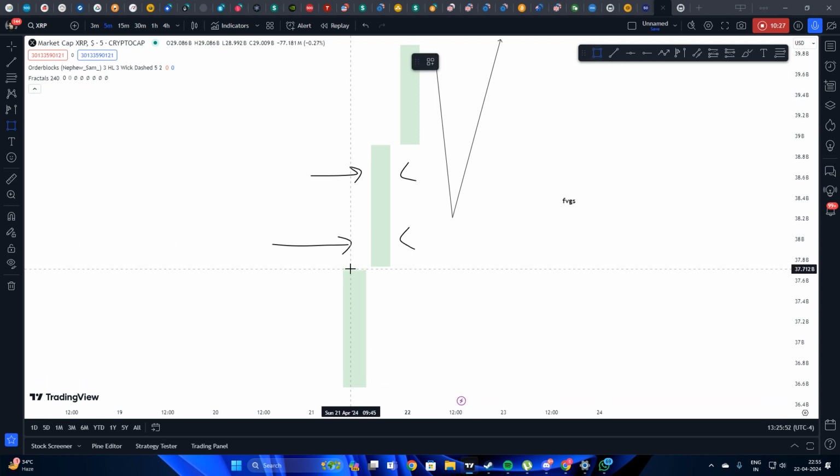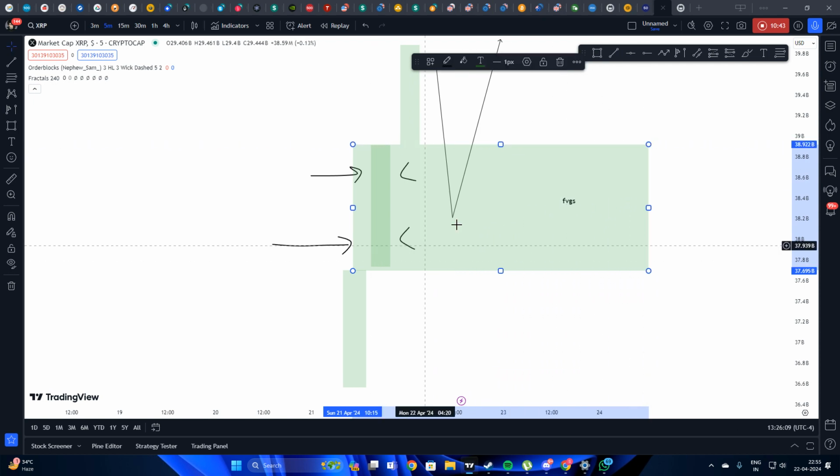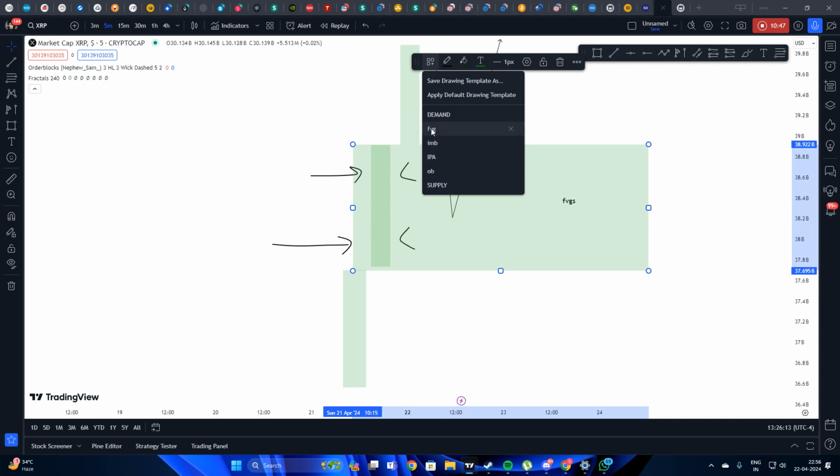Then from the top of the leftmost candle we start, and at the bottom of the rightmost candle we end it, and this whole zone is called an FVG.